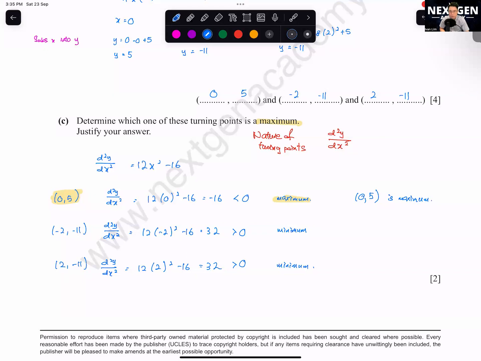Do you only get 1 mark if you show second differentiation and only the x equals 0 part? I don't know. They never say.